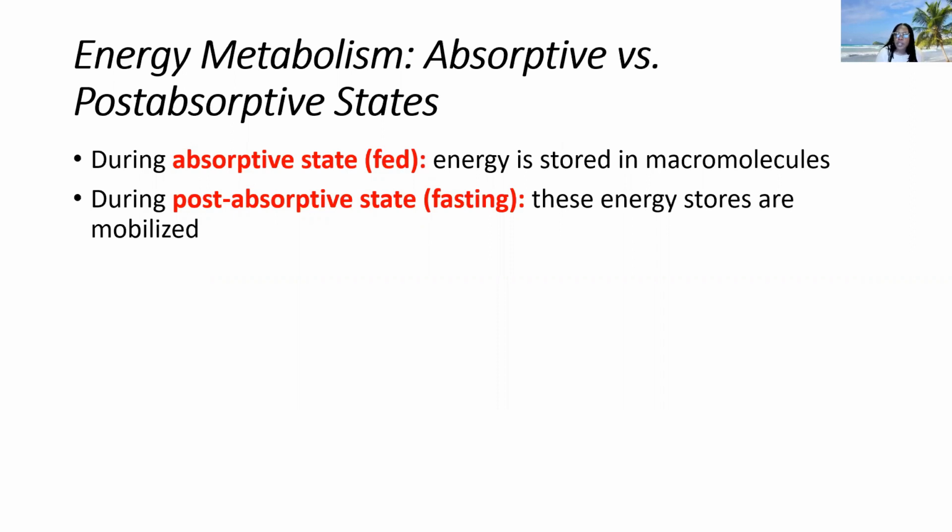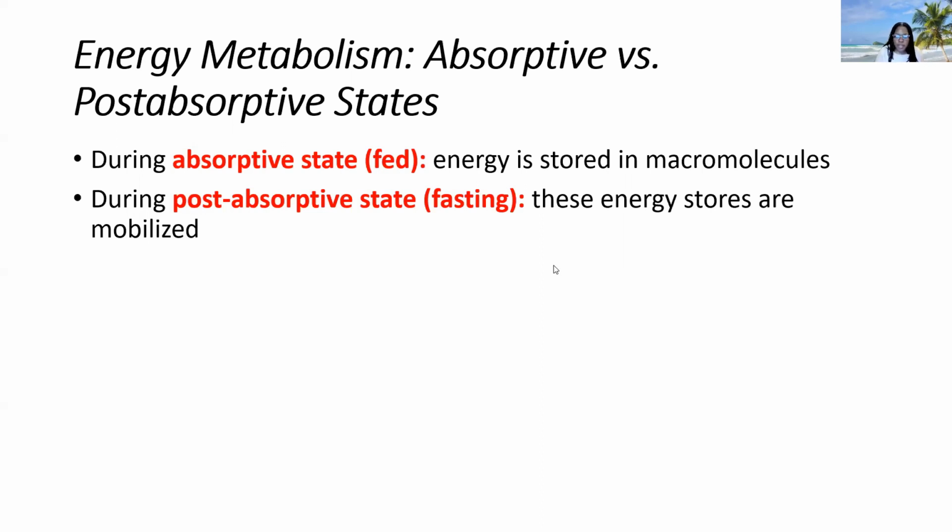This is when energy is being stored in the form of macromolecules, which are going to be fats, proteins, and then glucose. And then the post-absorptive state, which is the fasting or fasted state. And this is where energy stores are going to be mobilized. This is where we're going to tap into those stores that were made during the fed state, and we're going to use them to sustain the body during this period until we can get to the next meal.